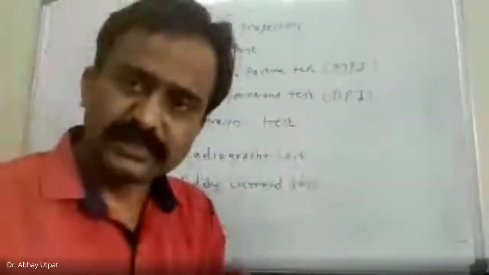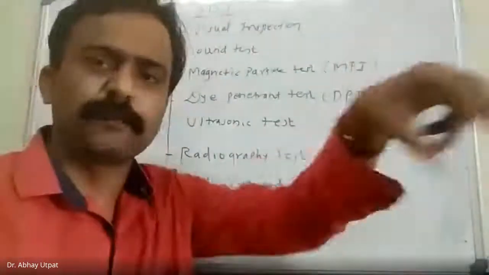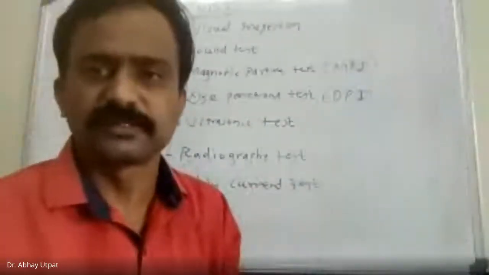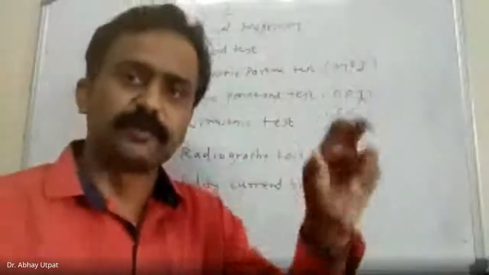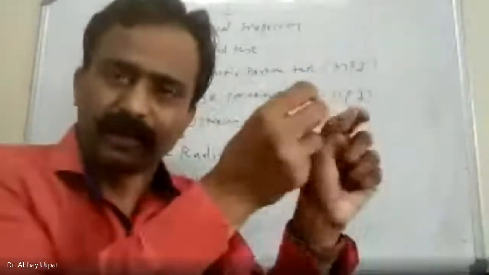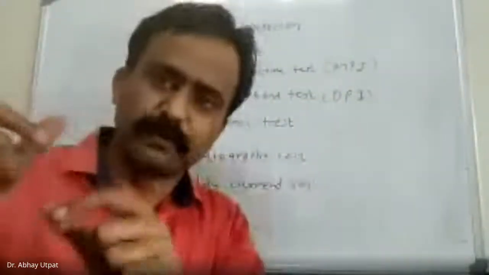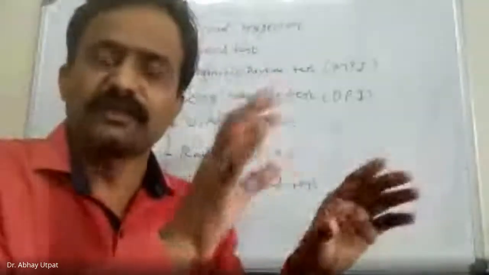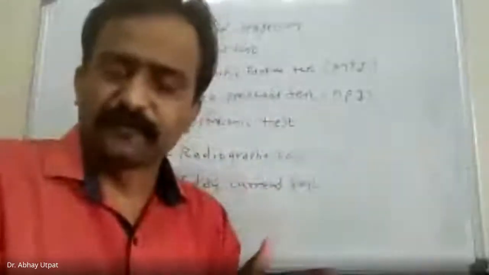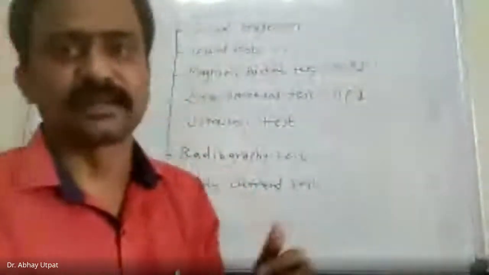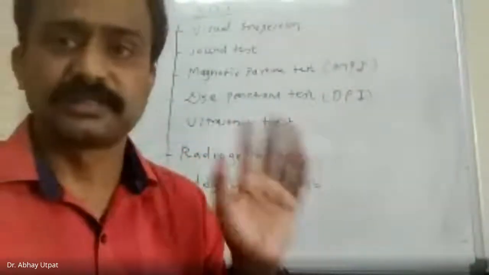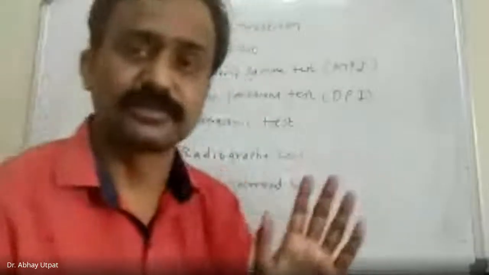In visual inspection itself, if you find somewhere the part is not filled, why bring the machines and equipment? So by visual inspection, if you come to know that a particular part is not filled, here is some material loss, here are some sand inclusions, then you can decide whether we can continue with this casting as it is or we can reject it. Friends, remember, you have studied the casting defects chapter in manufacturing process.